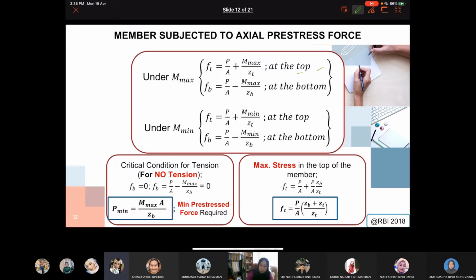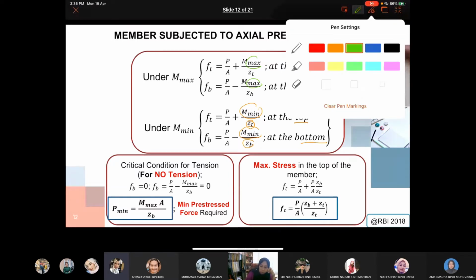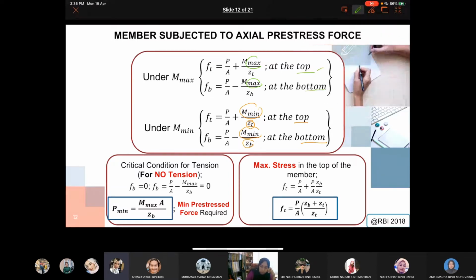So you have top and bottom for maximum moment, and later you will have top and bottom as well for moment minimum. You look at the values of your elastic modulus, they also change. When you have the top, it will be the top. When you have the bottom, it will be the bottom. The same goes for maximum moment. So when you have bottom, it will be bottom. When you have top, it will be top.